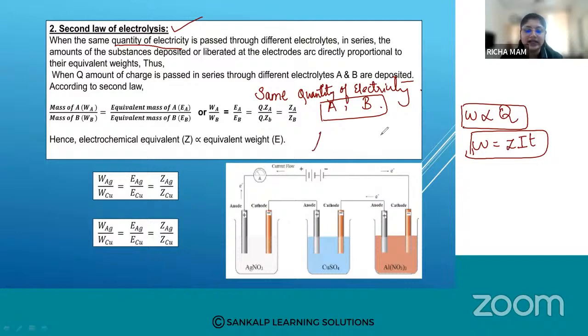The amount of substance produced at the electrodes is directly proportional to their equivalent weight. So this is the second law of electrolysis.